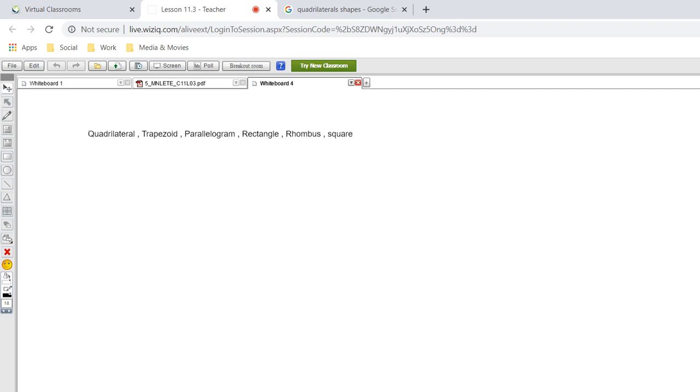Okay, what about this? I will draw something and tell me what we're going to write. Firstly, we write quadrilateral first, and then only two opposite sides are parallel? Yes, trapezoid.